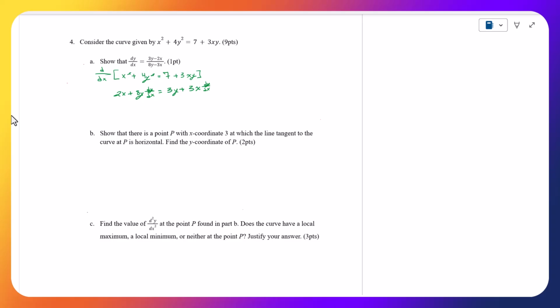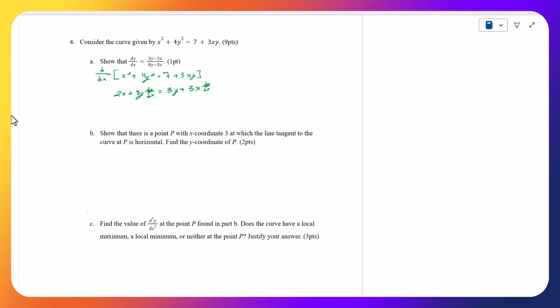Minus 3x dy over dx, minus 2x. Actually, I'm not going to solve it out like an actual linear thing.